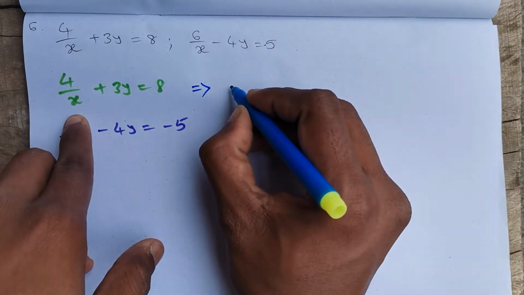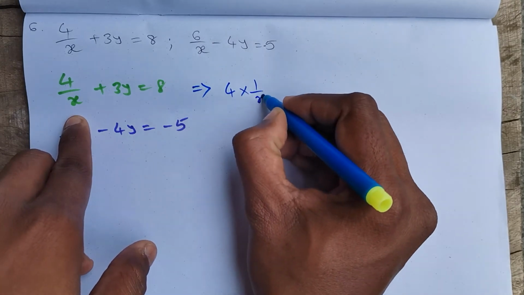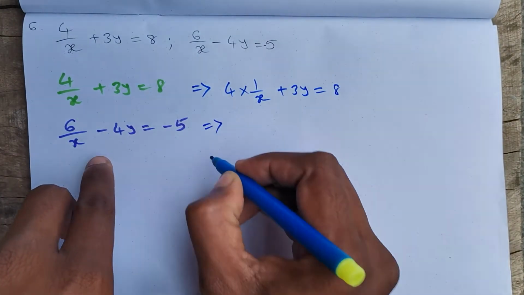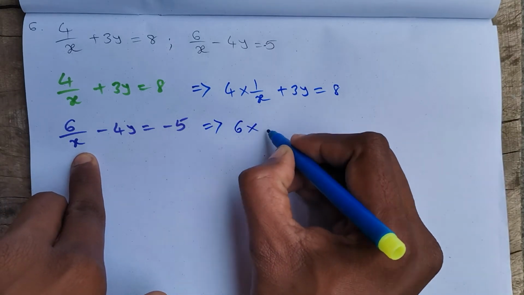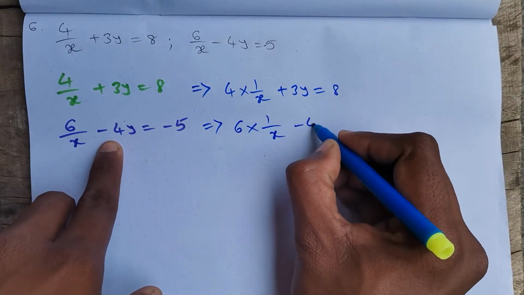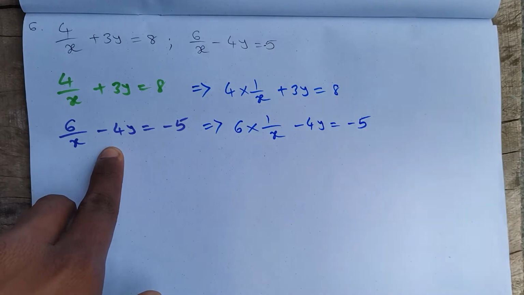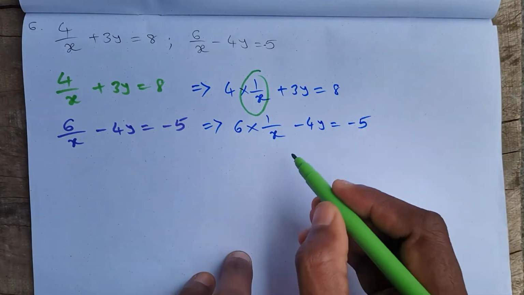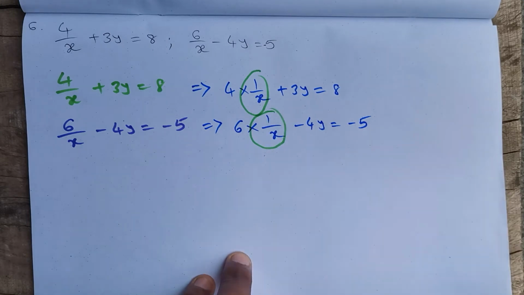Here 4 by x can be written as 4 into 1 by x plus 3y equals 8. The same way in the second equation, 6 by x can be written as 6 into 1 by x minus 4y equals minus 5. Now if you observe clearly, in the first equation we have 1 by x, as well as in the second equation we also have 1 by x.